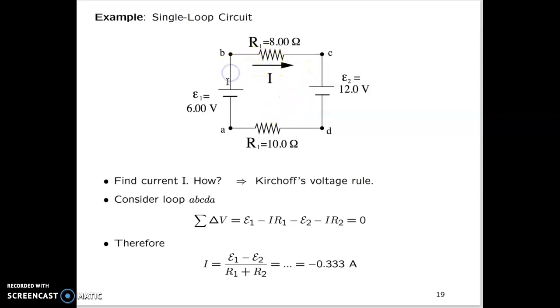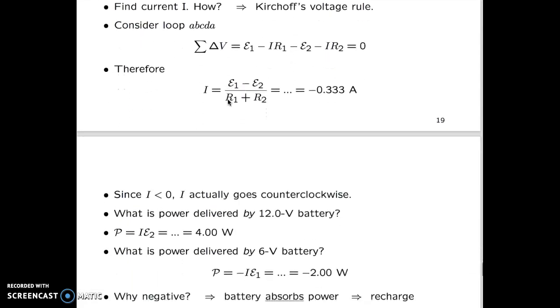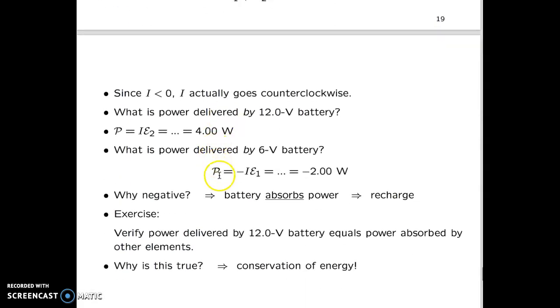It's flowing against the direction that the battery would normally want to be pushing the current. So as a result, the power calculation ends up with a negative sign. That's how it works out when you answer how much power is delivered by the battery.